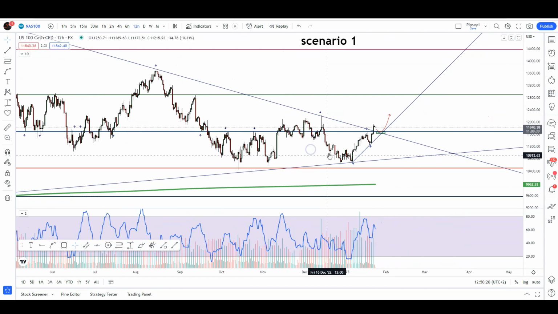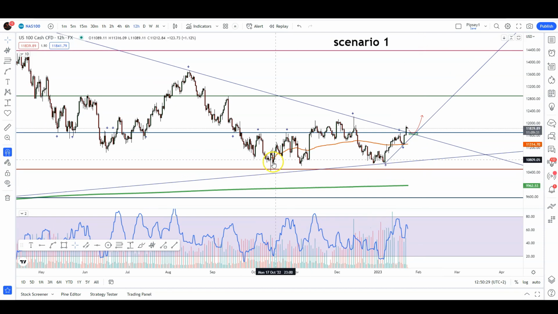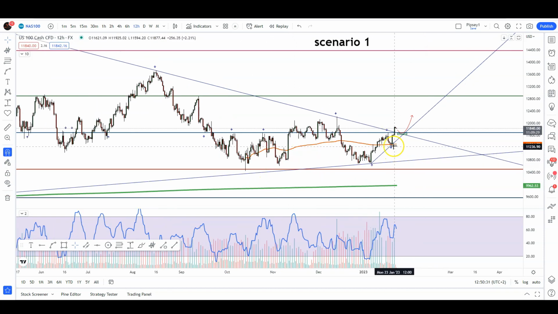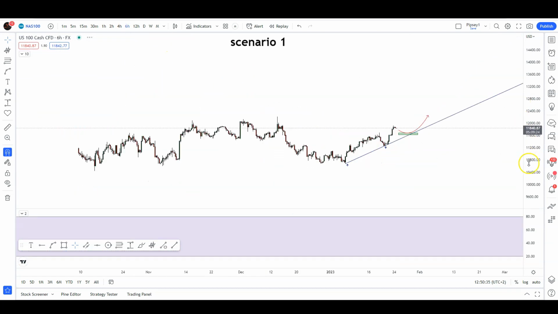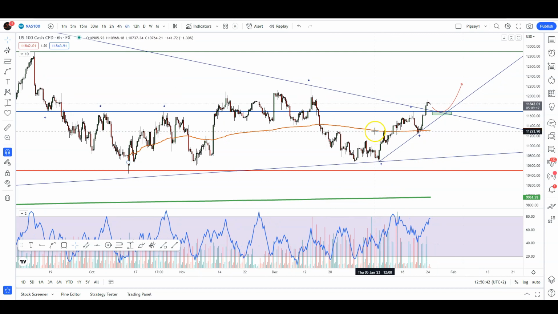If we put the anchored VWAP on this low, it acted as support, resistance, and gave us support at this bounce over here. Behaved quite nicely. I don't think I'm going to keep that one there right now. I think I'll put one down below this low. It also formed nice support there.